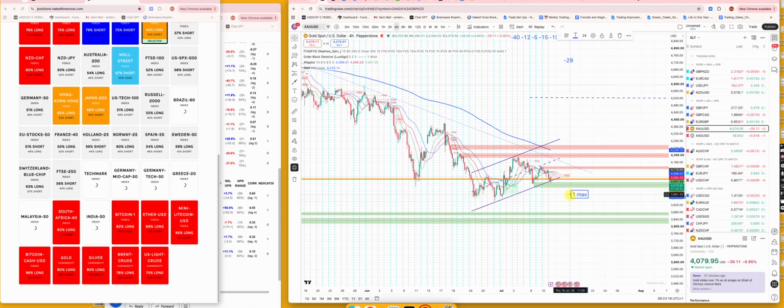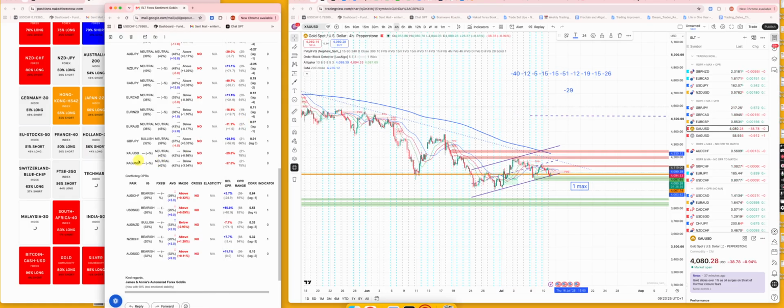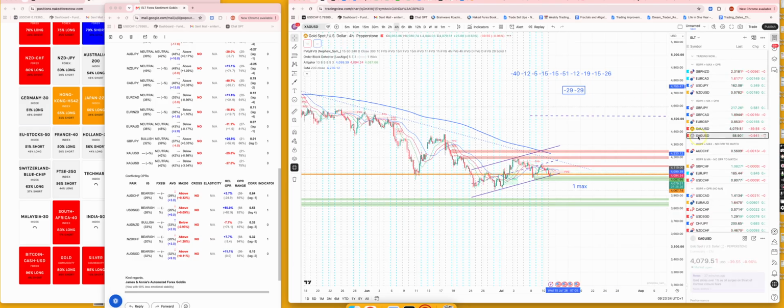Let's have a look at the relative OPRs on gold. Minus 29, same as last night. And then silver is minus 37.